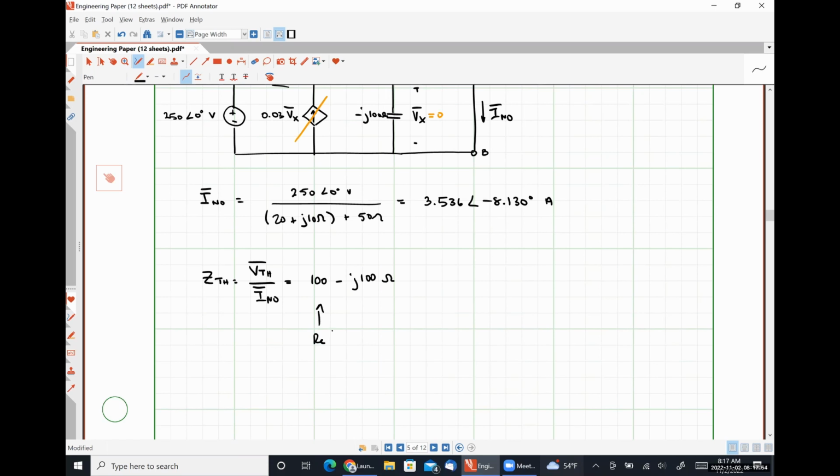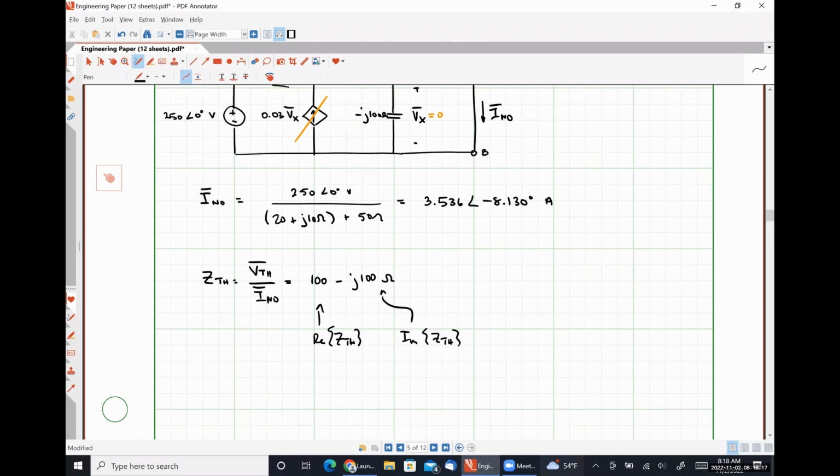This is the real part of ZTH, and it represents the impedance caused by resistors. This minus j100 is the imaginary part of ZTH, and it represents the impedance that's caused by capacitors.